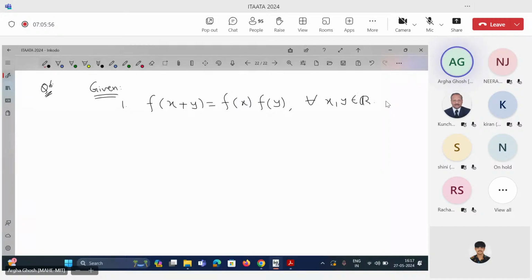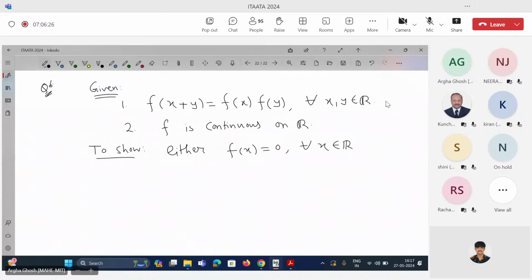Second thing, what is given? f is continuous on R. What do you have to show? To show either f of x is 0 for all x, or f of x is a to the power x, where a is f of 1, for all x.